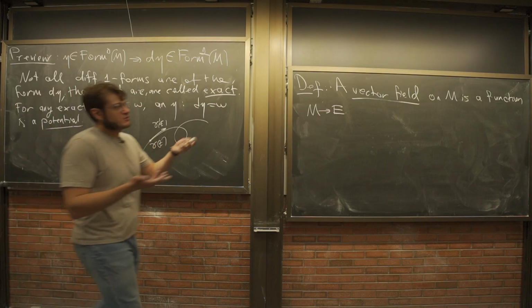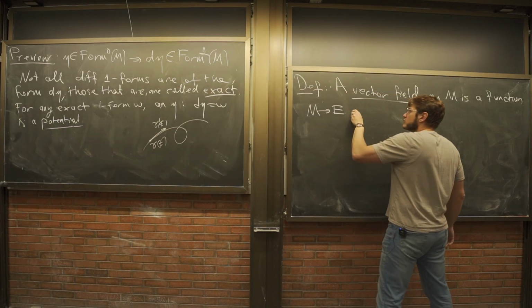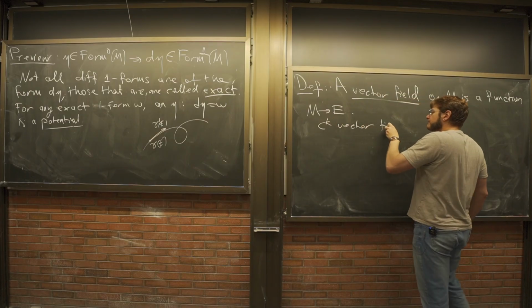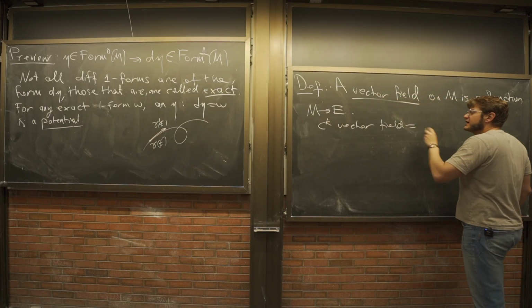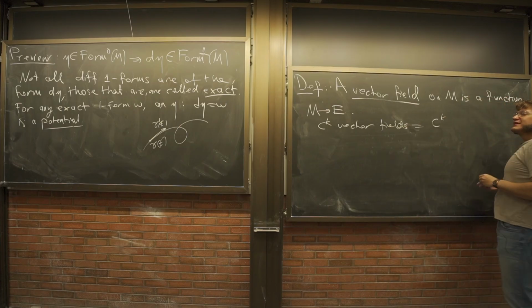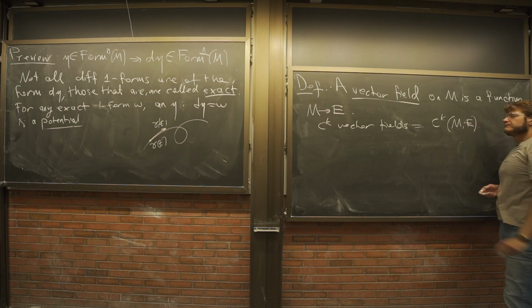A vector field is nothing but a certain type of function. A CK vector field is the same thing as the space of all CK functions from M to E. Okay.